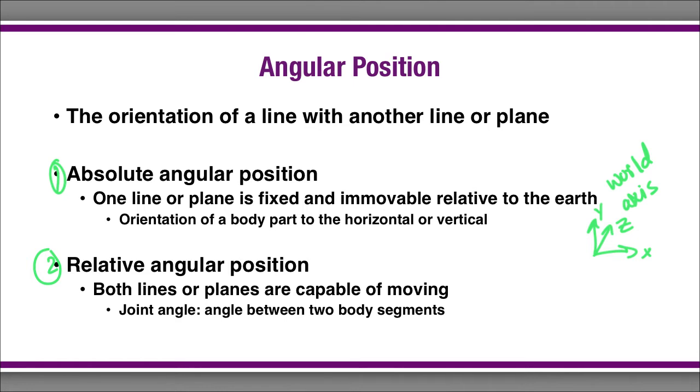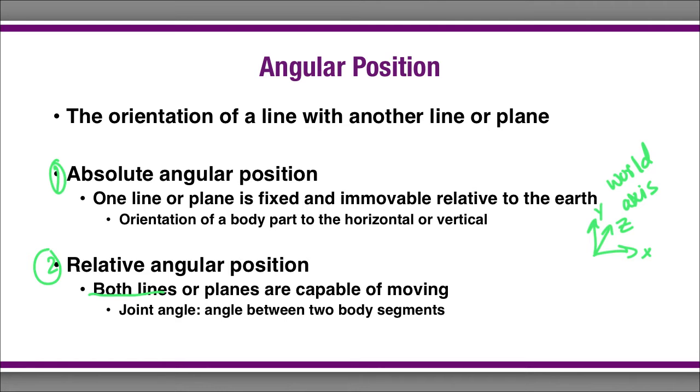Now, relative angular position is more applicable to things that we will look at where both lines are capable of moving. So a good example of this is joint angles, because typically between two body segments, both segments can move in a given position relative to one another, but also relative to other parts of the body.